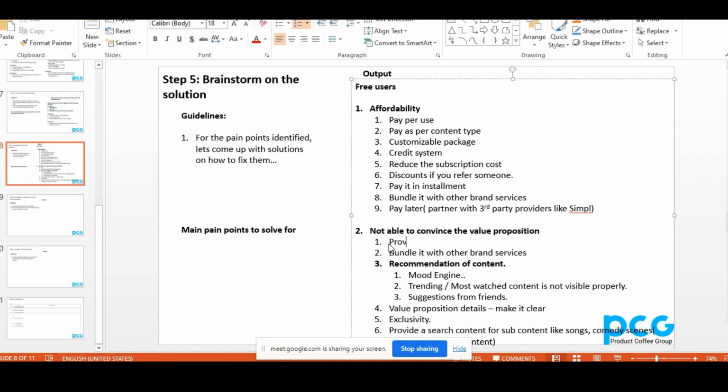The other big way is product offerings that will satisfy your needs. For example, why does a paid user become a paid user? One of the reasons, as was pointed out, is that you want to see that content before everyone else. Otherwise, what's the point? So product offerings like premiering shows at the same time that it is being released on TV.